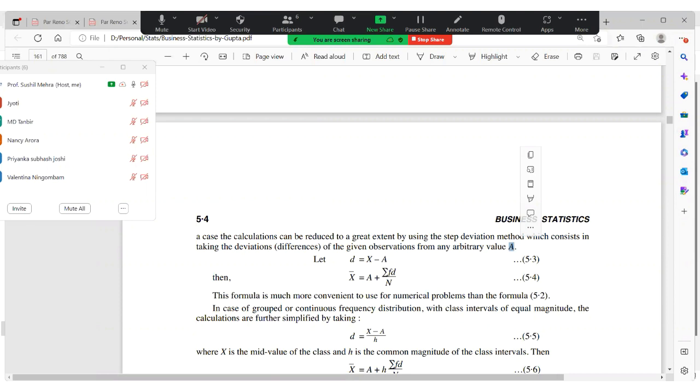Because we do the shortcut method or subdivision method to ease the calculation. If we choose a value close to this middle one, then the calculation becomes much simpler. So for doing the simplest calculation, we always choose a number which is centrally located. Got it, beta?